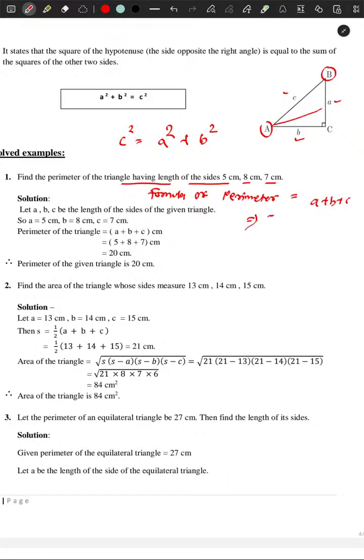Then here 5 cm plus 8 cm plus 7 cm equal to 20 cm. So our triangle's perimeter is 20 cm.